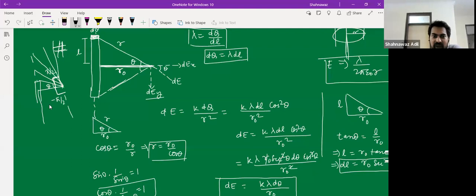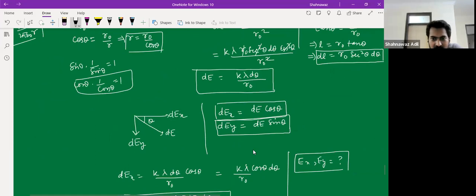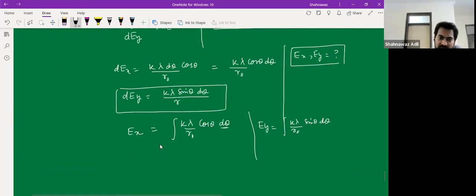For an infinite wire, we calculate this as lambda by 2 pi epsilon naught. This we know from your CBSE course, right? So we want to check whether this result is the same. For the infinite wire, we have the limits minus pi by 2 to pi by 2. What is the integral of an odd and an even function? This is an odd function, this is an even function.